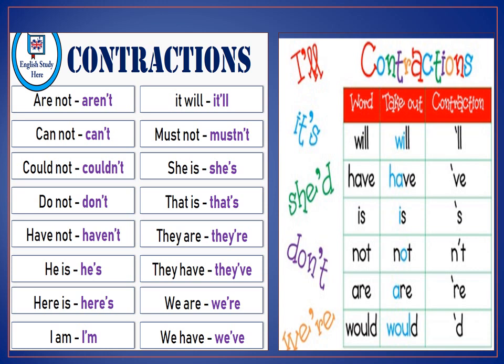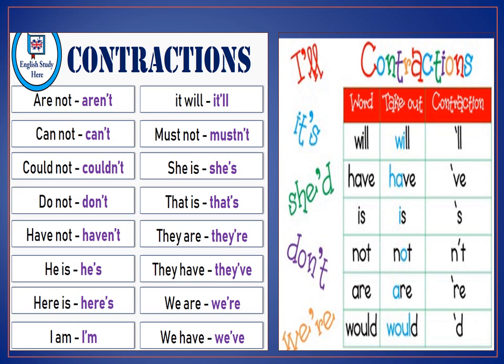Could not, couldn't. So N and O are replaced by just an apostrophe. Do not, don't. So just O is removed here and an apostrophe is placed. Have not, haven't. N and O are removed, apostrophe is placed. Haven't.